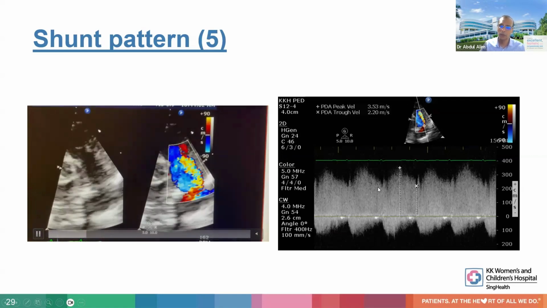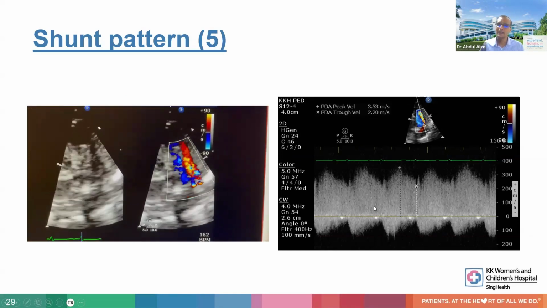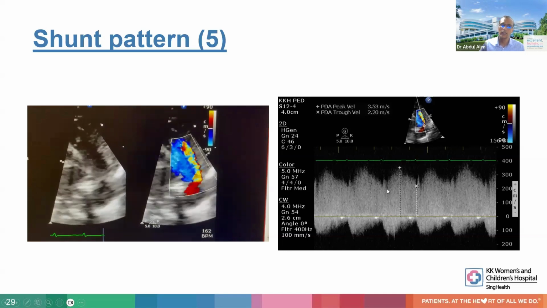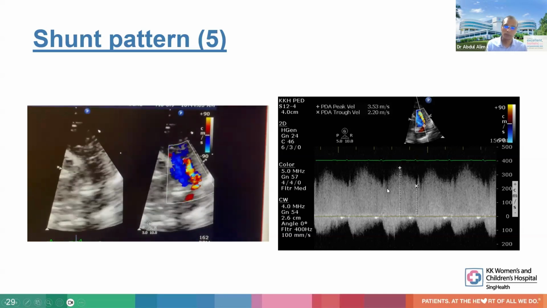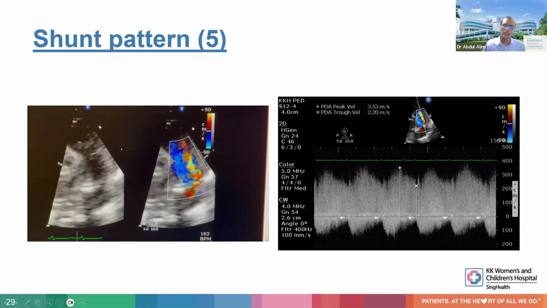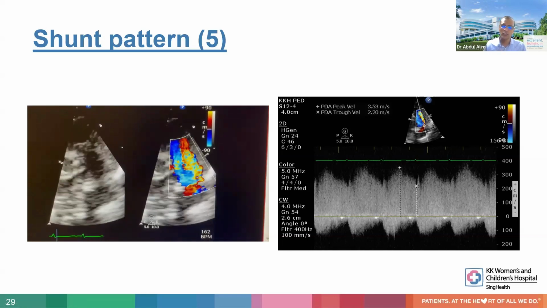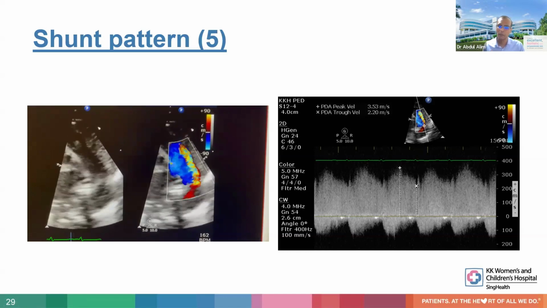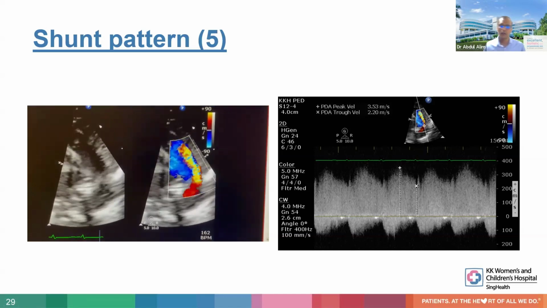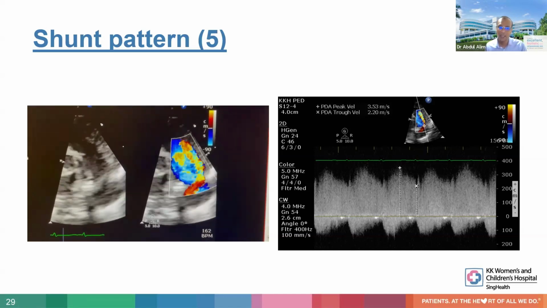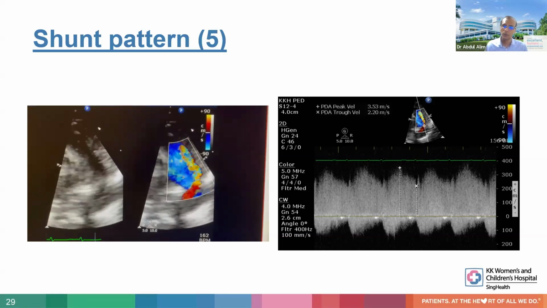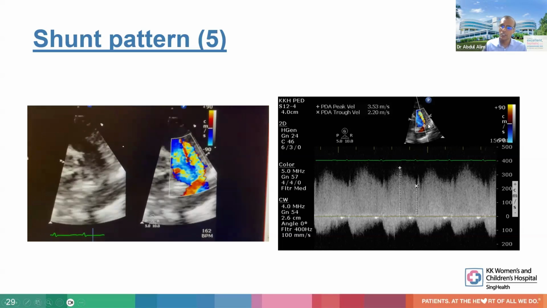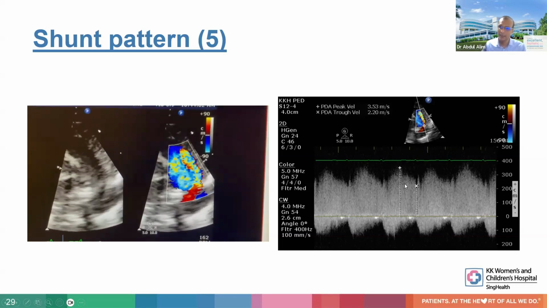But if you see the Doppler pattern here, because the flow is very high, I used the continuous wave Doppler. Previous Dopplers were pulse wave Doppler because the velocity is slightly lower. But any flow more than 2 meters per second sometimes doesn't come through very well on the pulse wave Doppler, so we have to switch. If the velocity is very high, then you have to use continuous wave Doppler. So on the right-hand side, the Doppler image is actually a continuous wave Doppler at the ductal level.